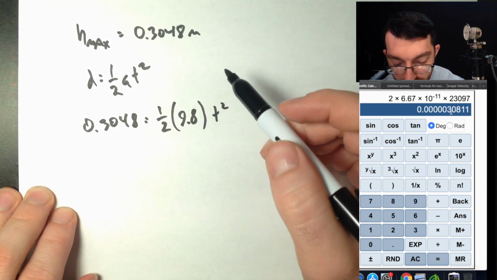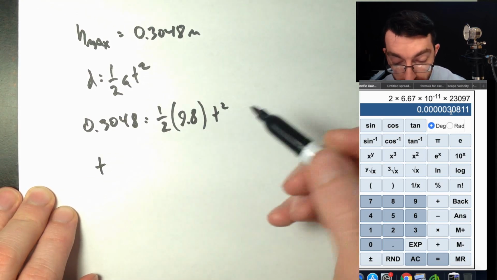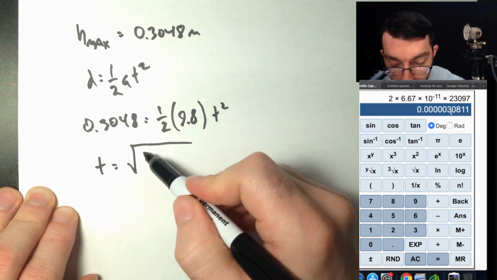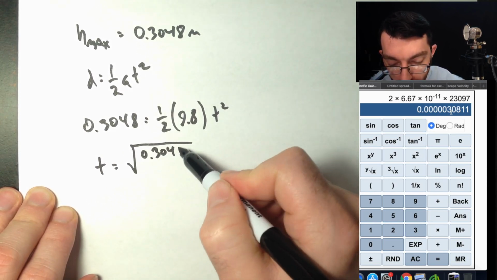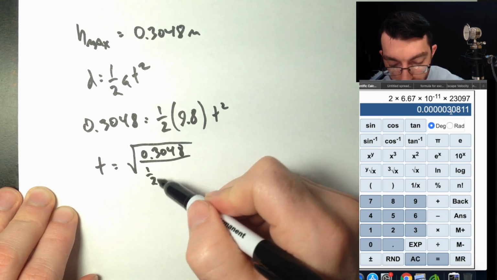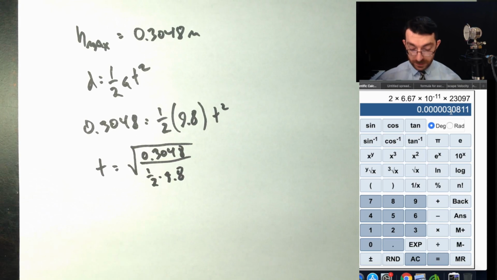It means that the actual time it would take for me to fall, if I solve for t, is going to be the square root of 0.3048 over half of 9.8. That's how long it took for me to fall.